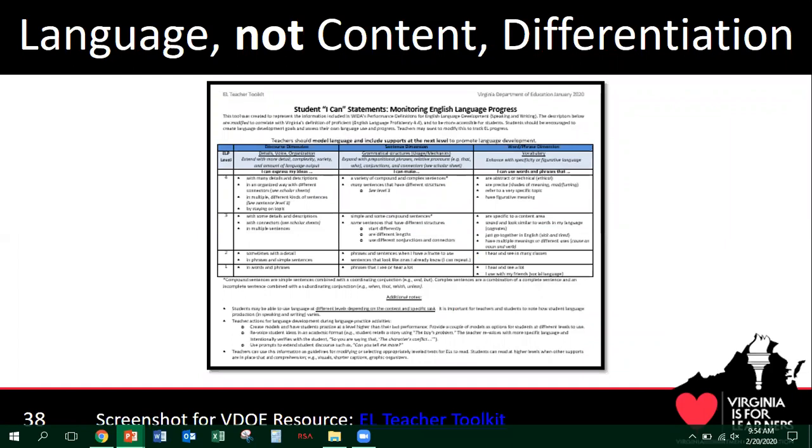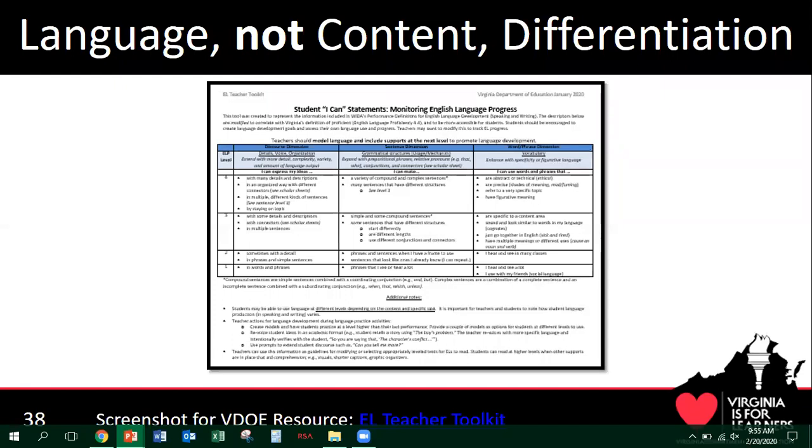There is a chart in that English Learner Toolkit that I mentioned earlier that really focuses on supporting language differentiation, not content differentiation. We are working from our SOL, thinking about what it is that students need to be able to do, and then modifying the language of that task, not what the students are being asked to do.